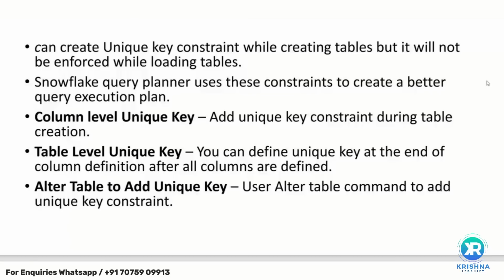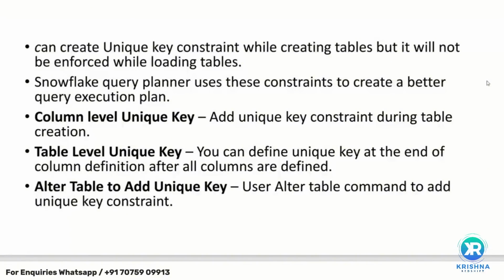Cascading feature in Snowflake. Actually, we don't use the term cascade. Whatever constraints we want at the column level or table level, we'll define it. It's nothing like Oracle or MySQL.